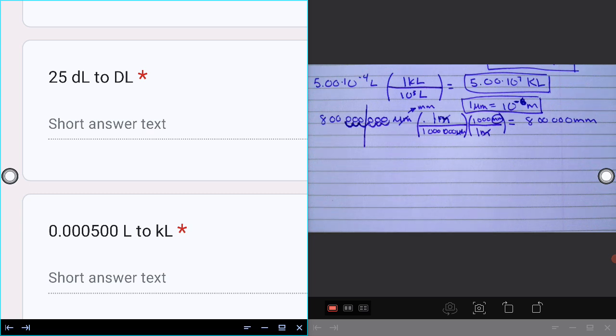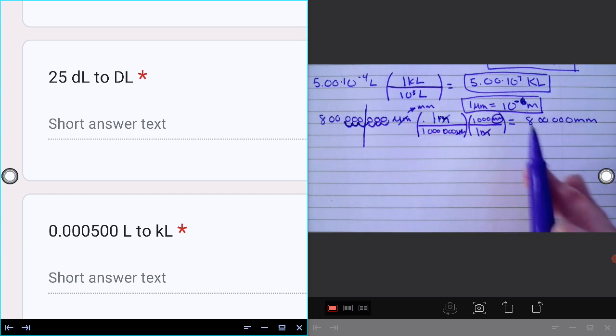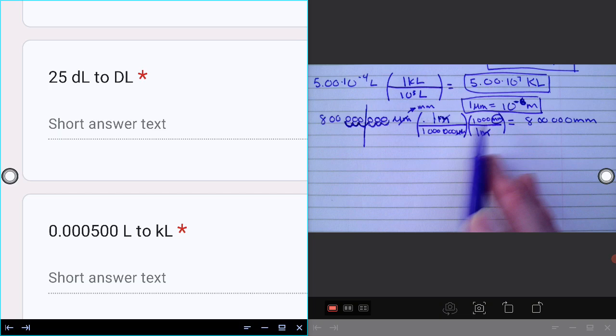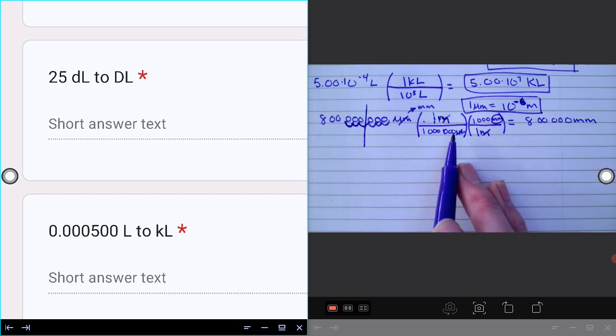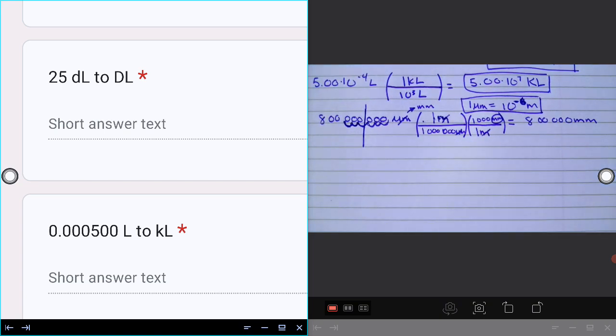So anytime you're dividing by something base 10, you divide by how many zeros there are. And then if you multiply base 10, it's times how many zeros there are. So if there are 3 zeros, I move to the right 3. If there are 6 zeros, I move to the left 6. That's how the slide rule works, but I don't think you've ever processed it mathematically. You just scoot down the ladder, just magically doing stuff.